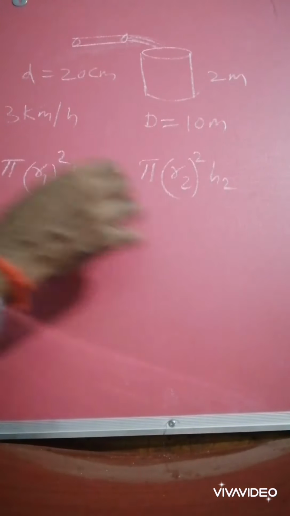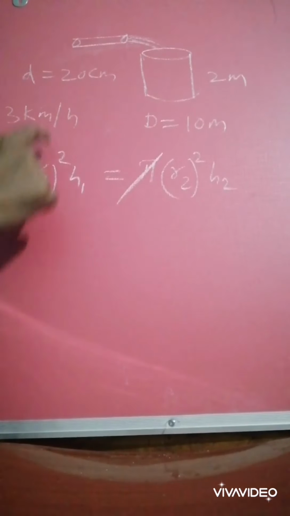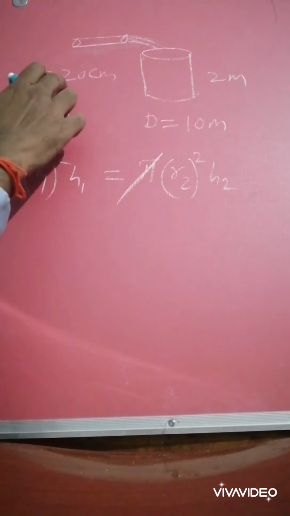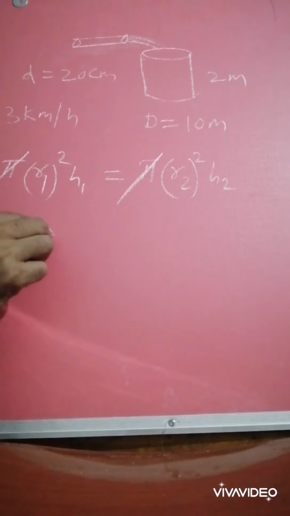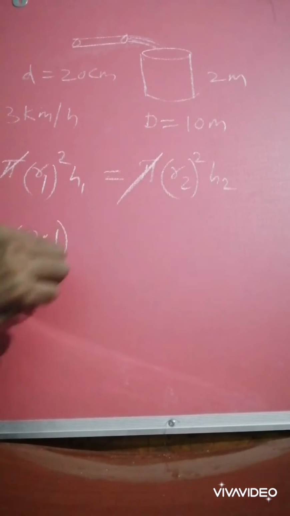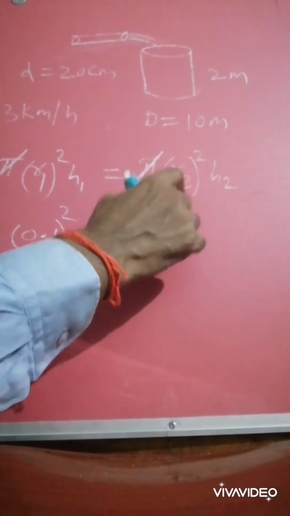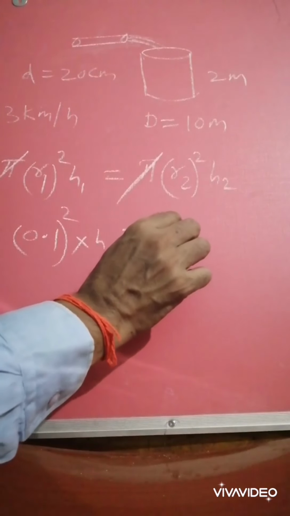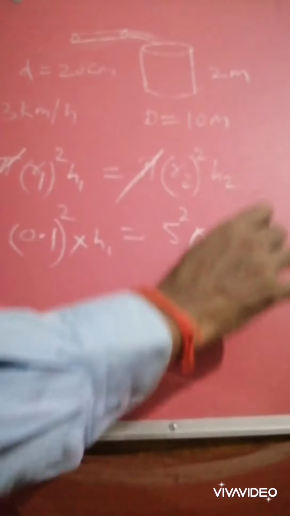Now we have to solve it. Pi gets cancelled. As diameter is 20 cm, R1 is 0.1 meter, whole square. H1 we don't know. R2 is, as diameter 10, 5 meter, 5 square into height given 2.